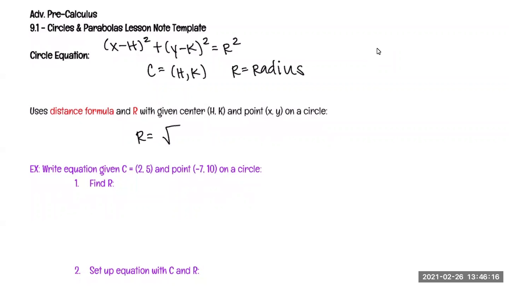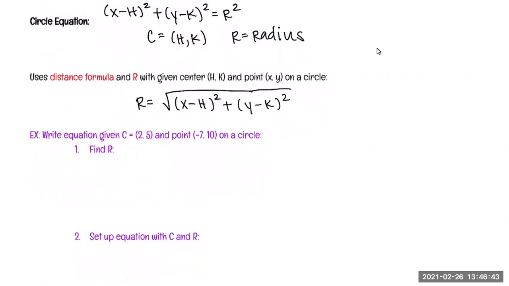So the distance formula is taking the x's of the point and the center, squaring it, adding it to subtracting the y value of the point and the center, squaring it. So if we were to square both sides to get rid of the radical, you would then get the equation of the standard circle.